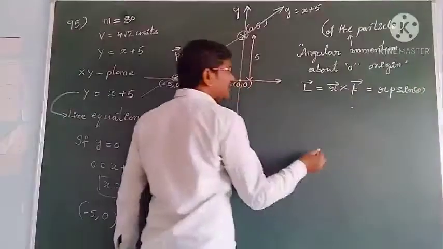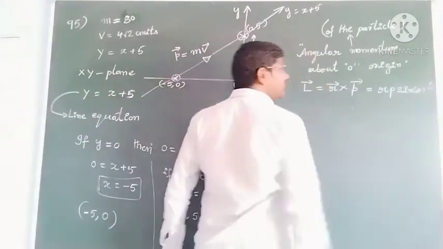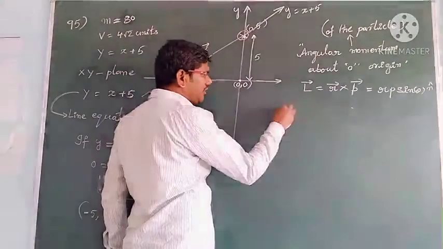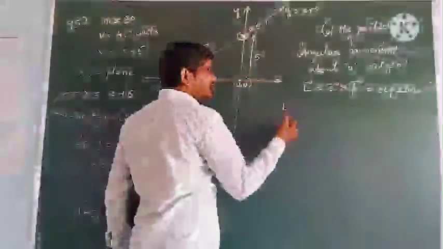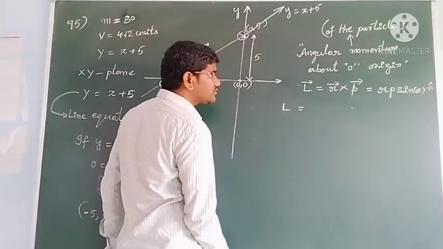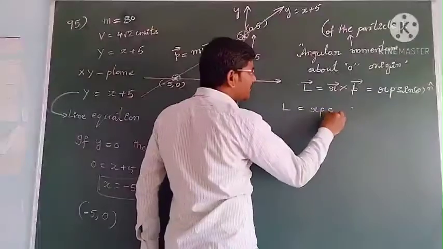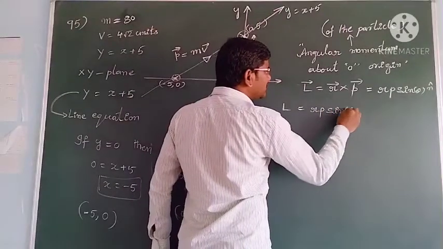I want only the magnitude, so there will be a unit vector. Then the magnitude of angular momentum we can call L. L is equal to r p sin theta.